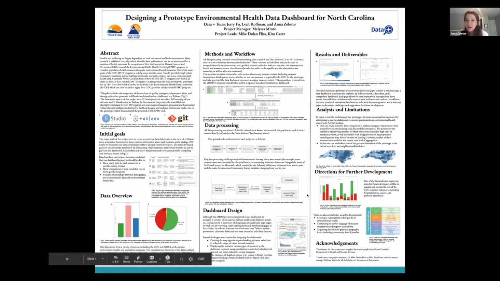One that immediately comes to mind is that asthma emergency department visit data that's on the screen right there. I think the disparities and the distribution there are so apparent in that map on the left-hand side under analysis and limitations. And in that vein, a lot of the health data in particular, it was pretty clear to see the disparities from county to county, and especially different regions of North Carolina.